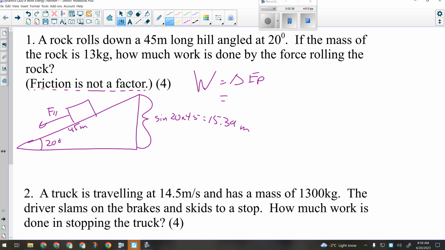Okay, work is a change in energy, so that'll be mgh final minus mgh initial. That's 0. So I'm going to have effectively 0 minus 13 kilograms times 9.81 times 15.39 meters.